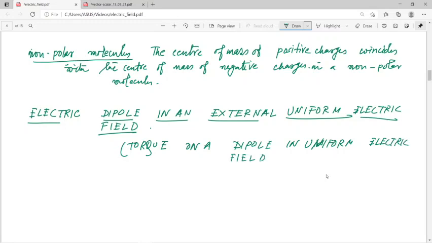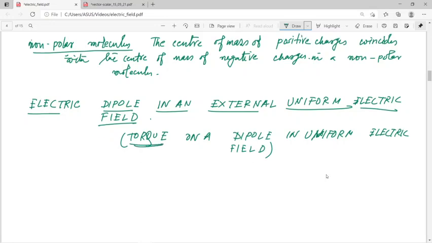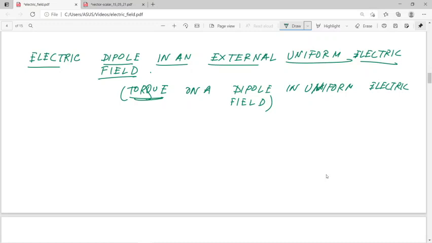That is an important concept that you will also find when we discuss rotational motion in class 11. That is also the same torque.